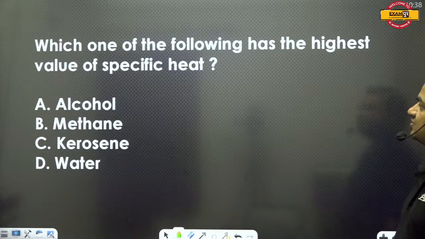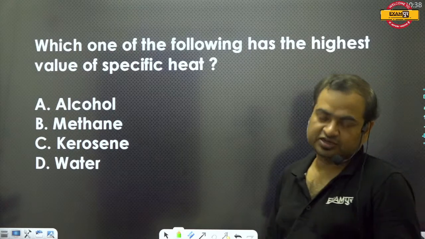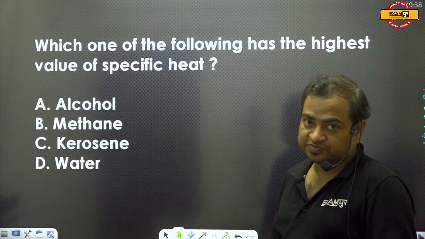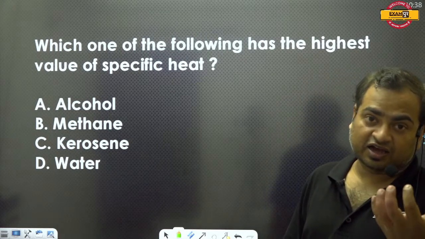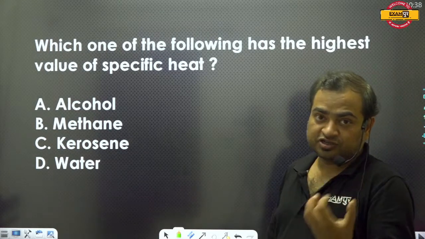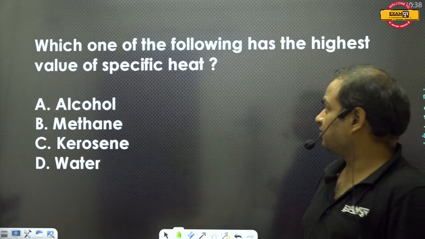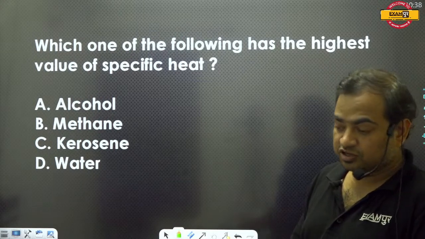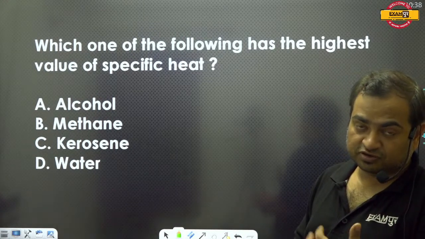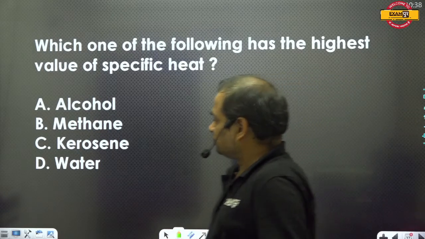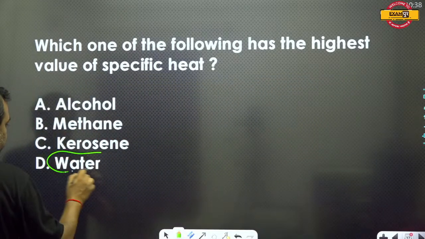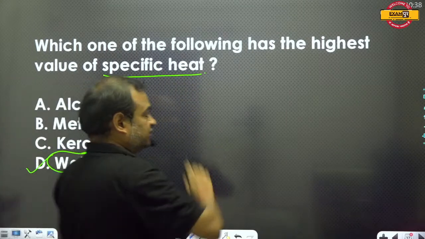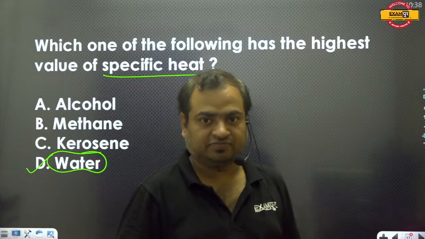Which one of the following has the highest value of specific heat? Guys, those substances which have high specific heat have a high power of storing heat. It means they have a high tendency to retain heat for a long time. So water is the correct option. Water has a very high specific heat and can store heat for a long time.